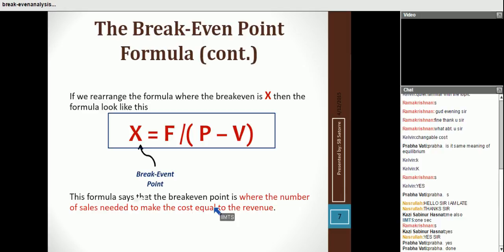Now this formula says that the break-even point is where the number of sales needed to make the cost equal to the revenue.